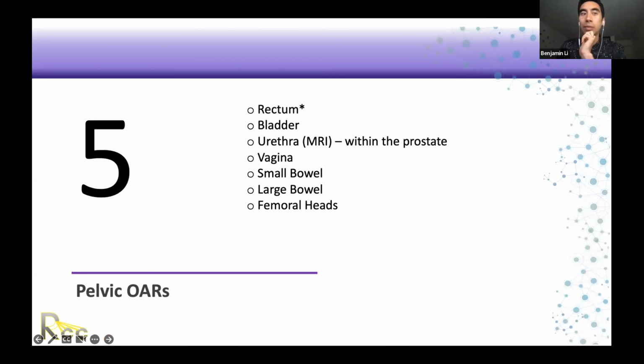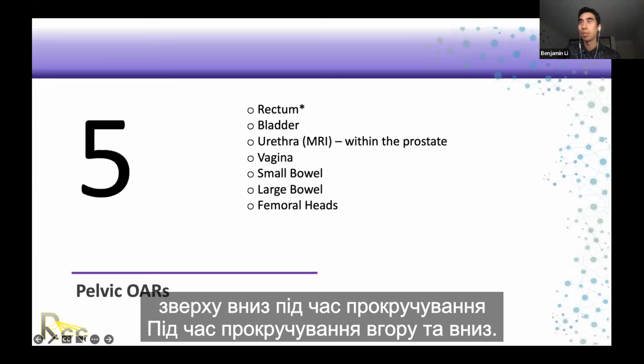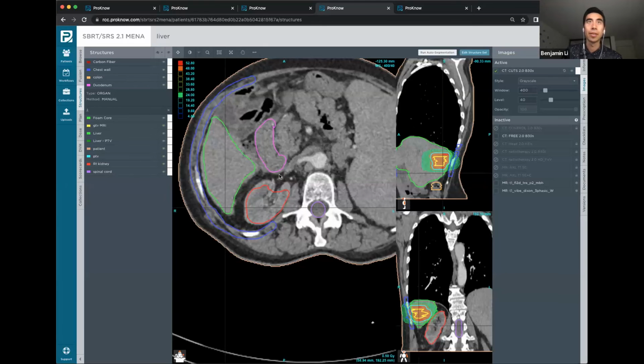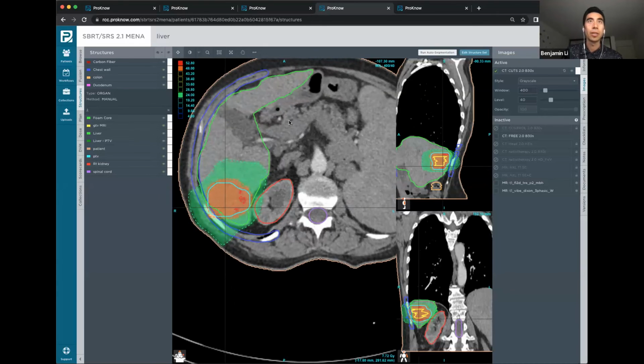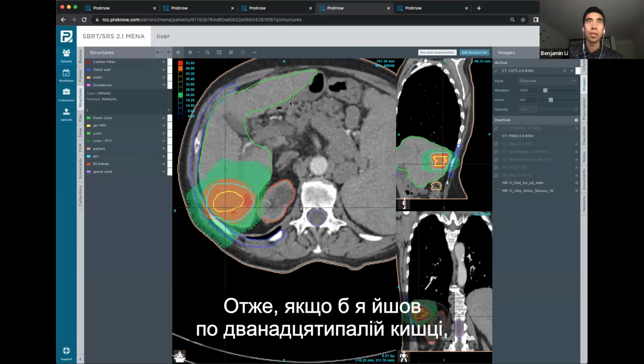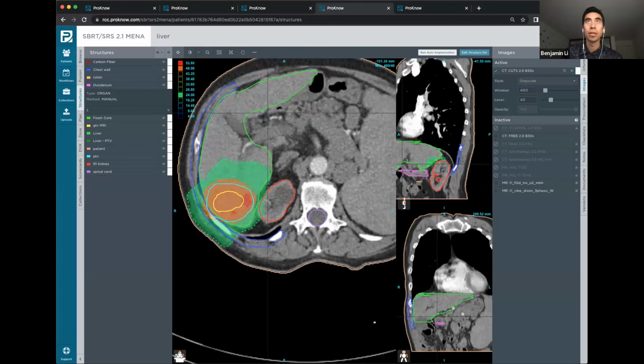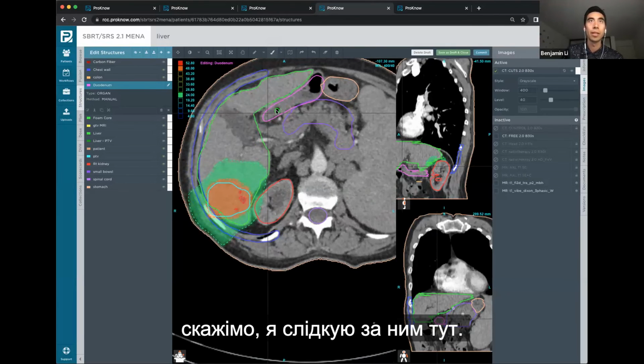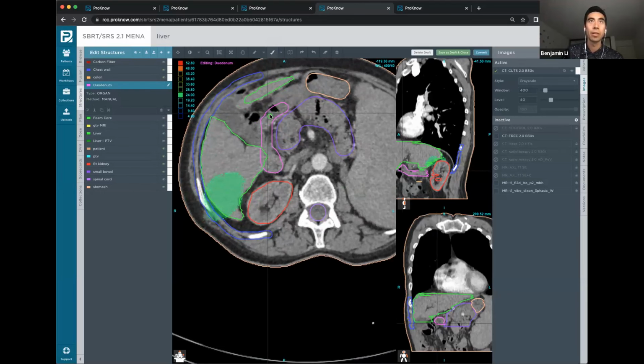You want to go from top to bottom as you're scrolling up and down. So if I was following the duodenum, let's say I'm following it here. I'm scrolling down.